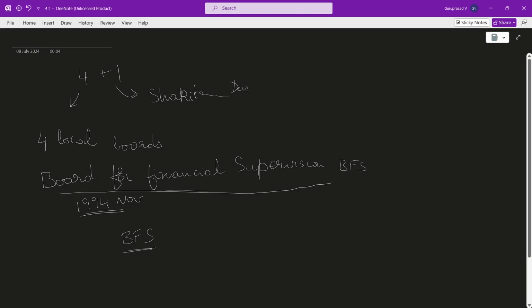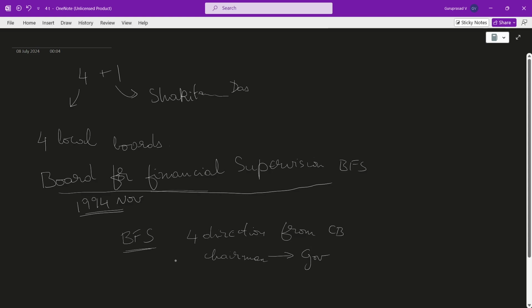Okay, what are the members of BFS? There are four directors from the central board, and this is chaired by the governor, only the governor himself. The chairman is the governor.